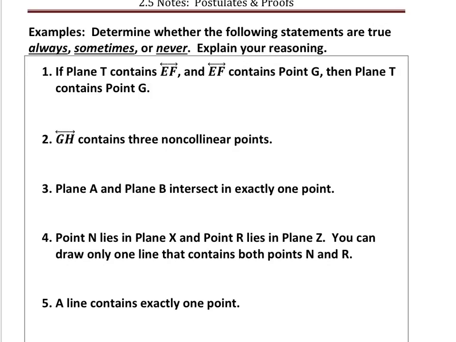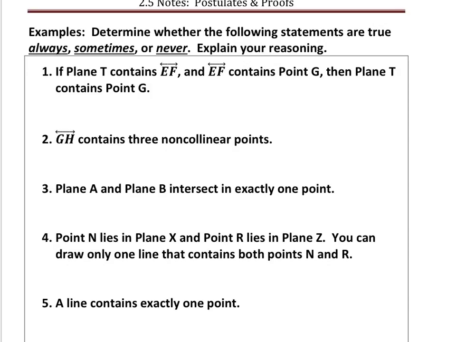And don't just put one of the three. Also explain your reasoning as to why you answered that. At this time I'd like you to stop the video and try to do these on your own. If you get confused at all, you can go back to the video. I'm going to continue on and go through each one, but I'd like you to try to do these on your own.